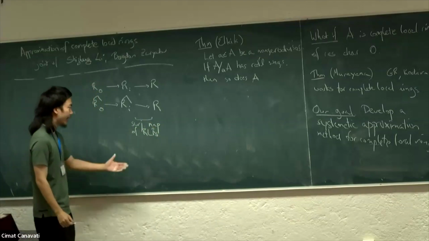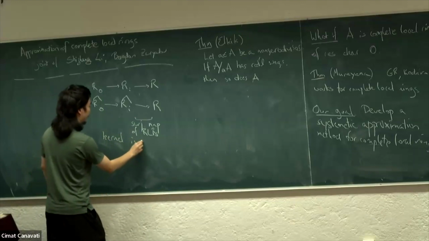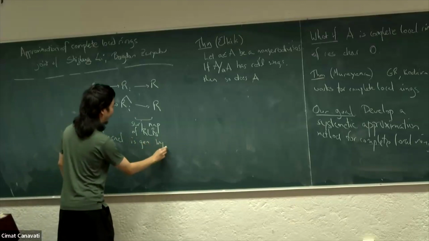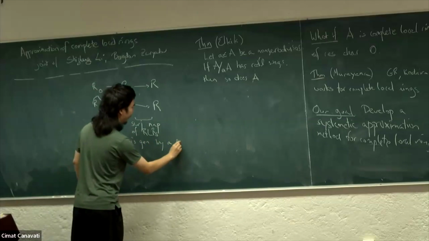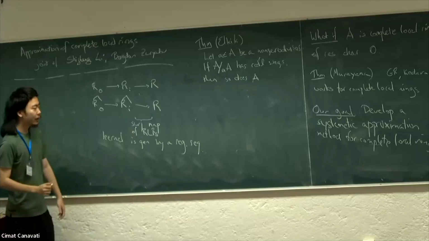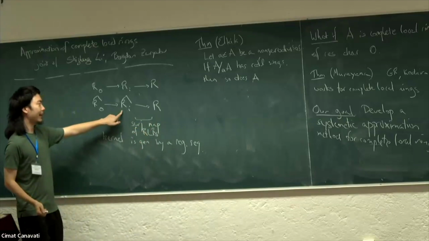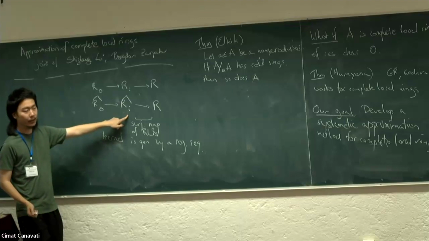And being a surjective map of regular local rings, the kernel is generated by part of the regular system of parameters. In particular, it's generated by a regular sequence. So you could say that Spec R hat is a complete intersection in Spec of R_i hat.